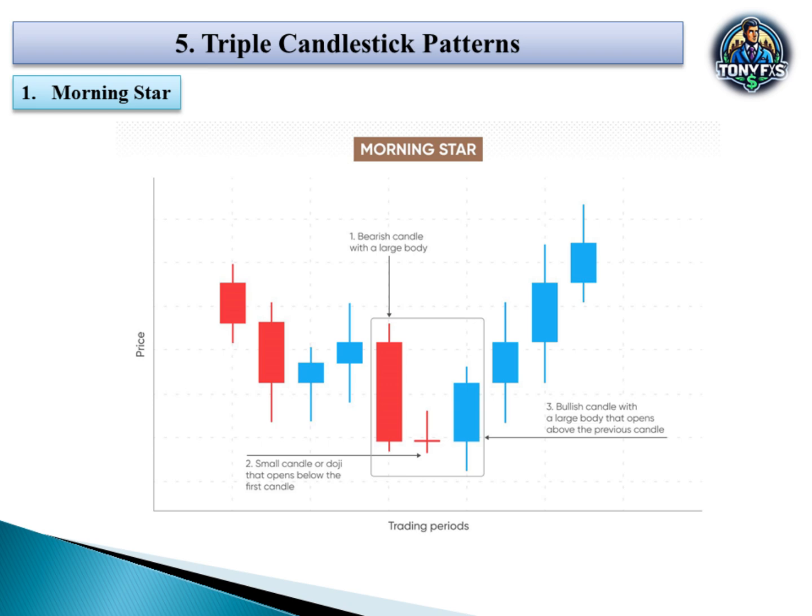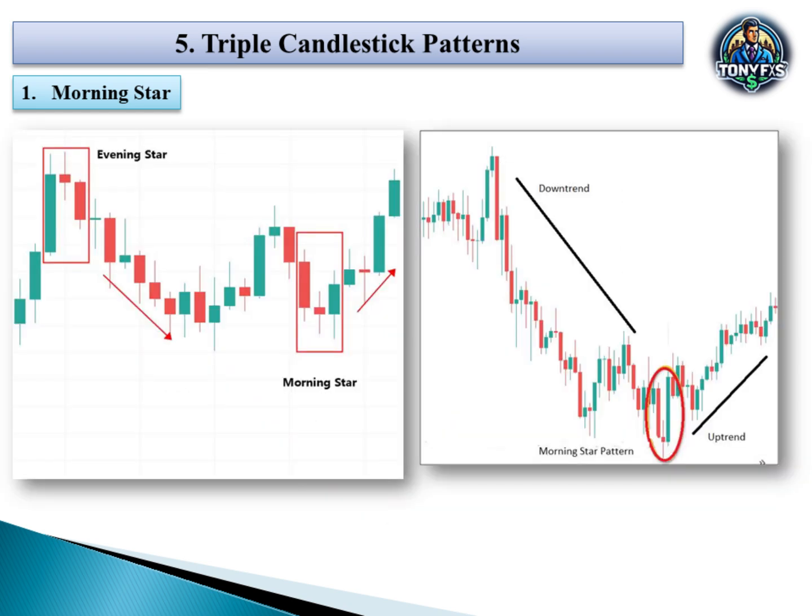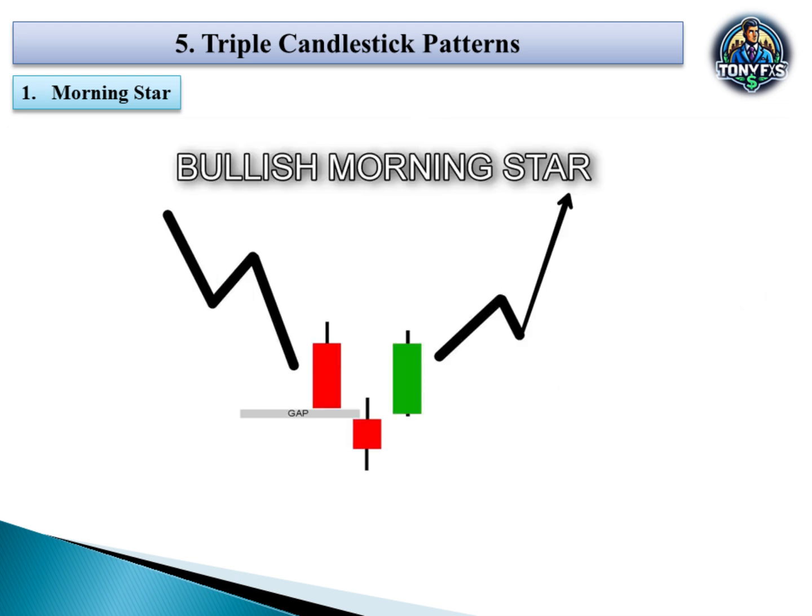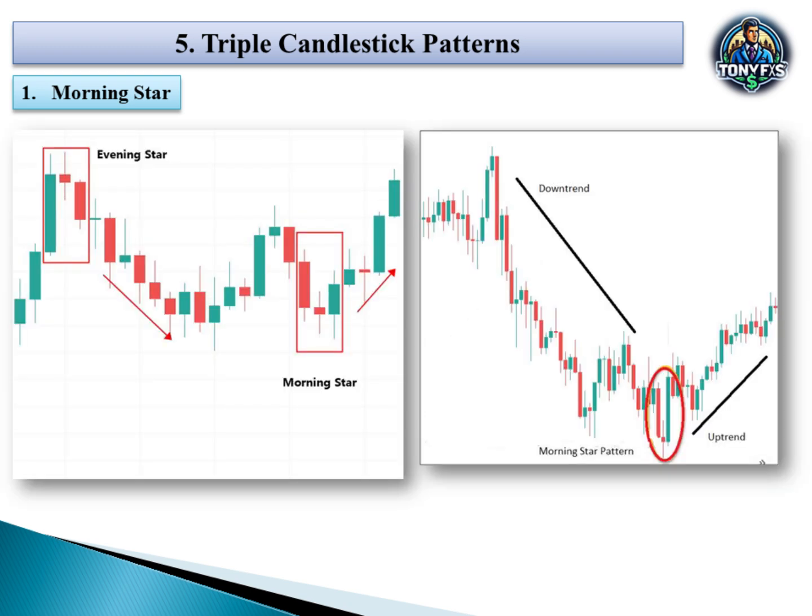The pattern consists of 3 things: a bearish candle, a small indecision candle, and a strong bullish candle. What does this tell us? This tells us that sellers are losing momentum and buyers are beginning to take control.